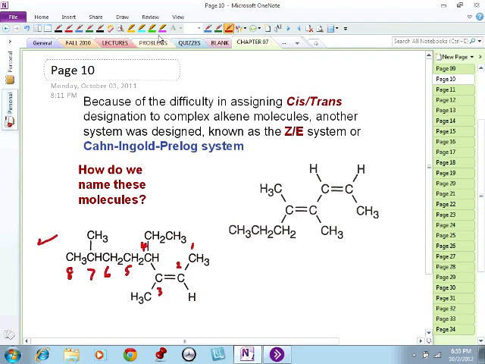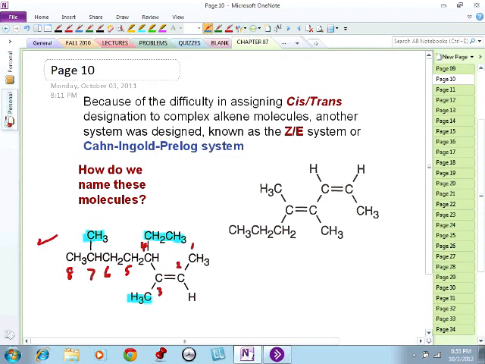Very good. And the branches are where? Let us see the branch. You have a branch in 7 position. You also have another branch in 4 position. Any other branch? In 3 position. Very good. So this will become, and in terms of the E/Z nomenclature, what will it be, Z or E?